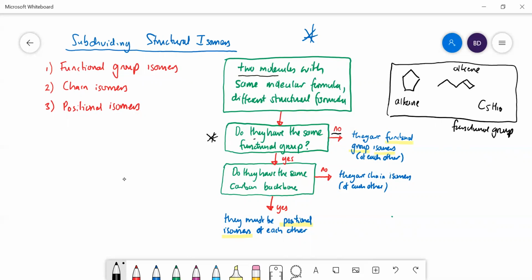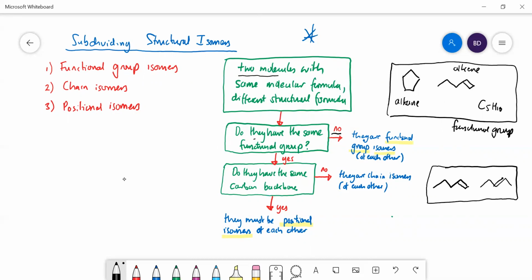Right, let's choose 2 more. Let's choose pent-1-ene and pent-2-ene. Okay, let's have a look at these 2. Let's go through the questions again, shall we?